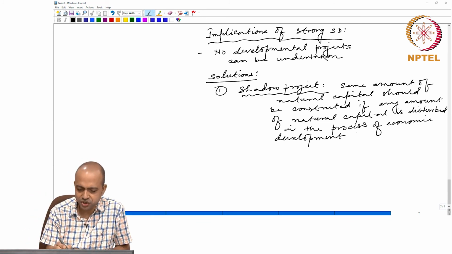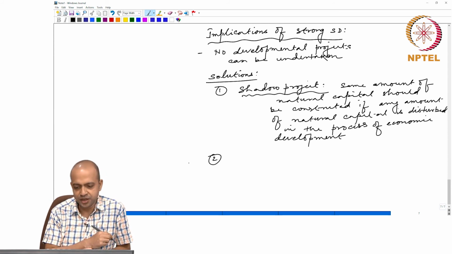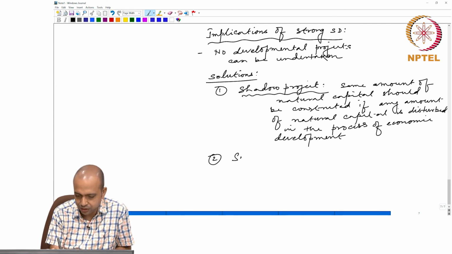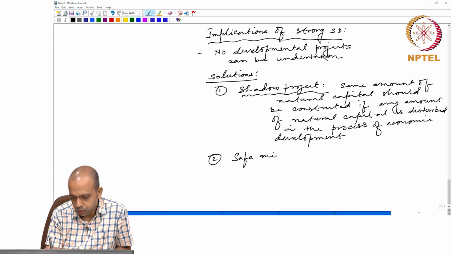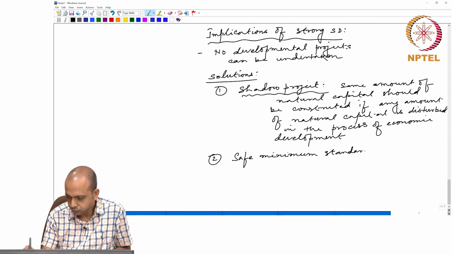Because of these limitations, economists come up with another idea which is called maintaining safe minimum standard, or SMS.